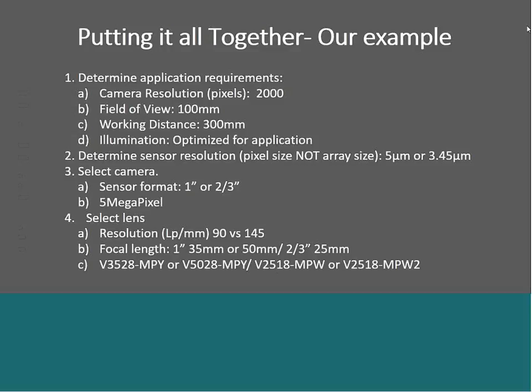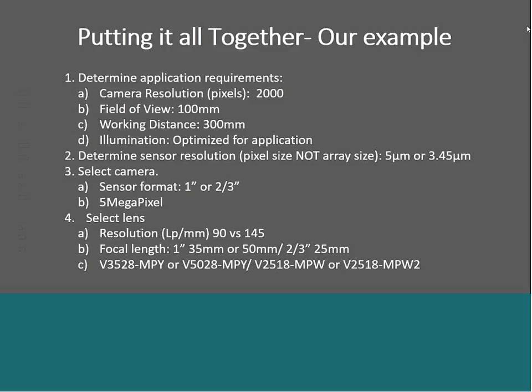We've taken care of all of the other mechanical and peripheral application considerations. So determine what the application requirements are, the application resolution, then determine the sensor resolution. And remember, it's the pixel size, not the array size.